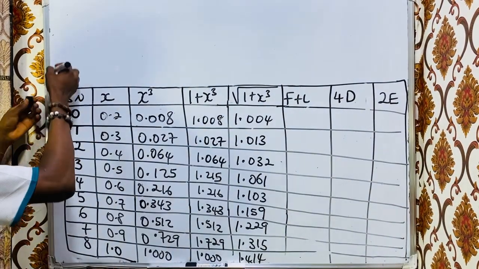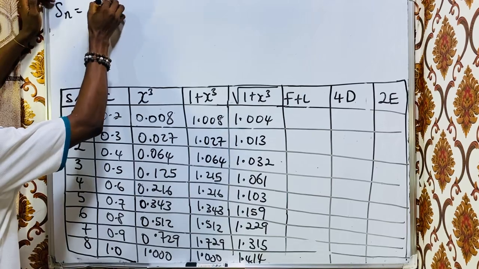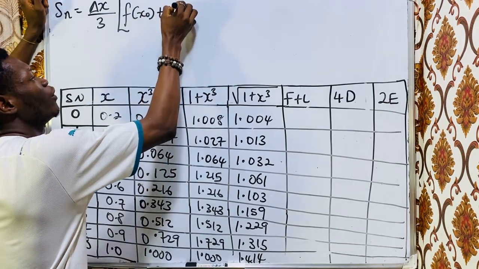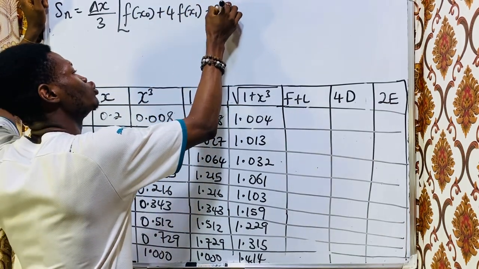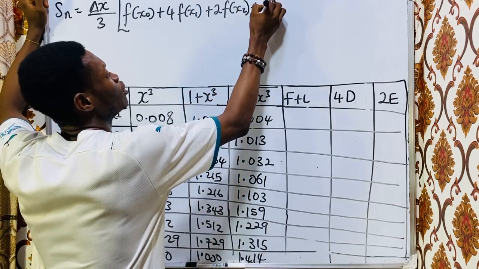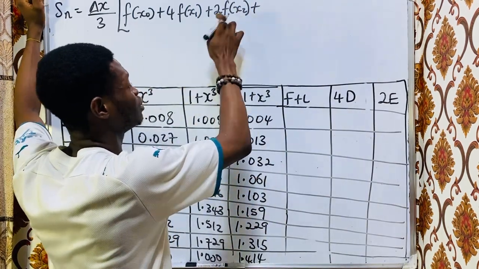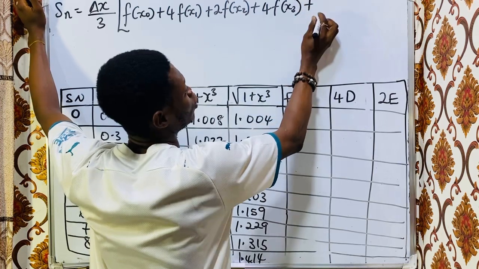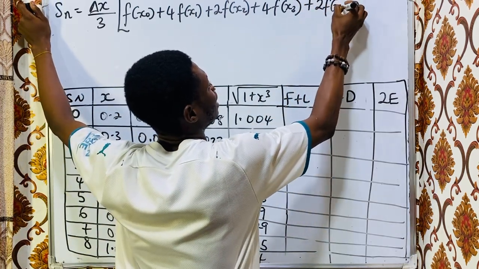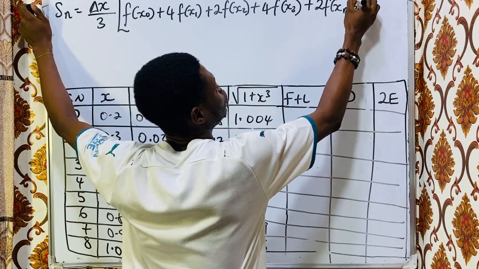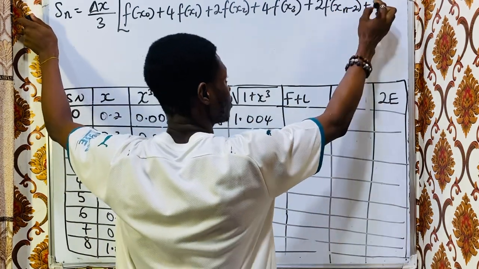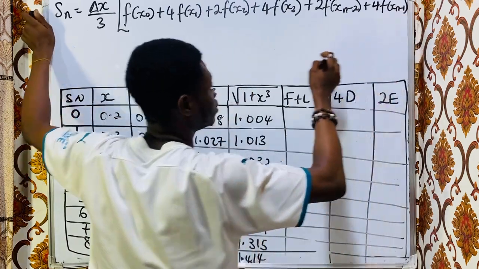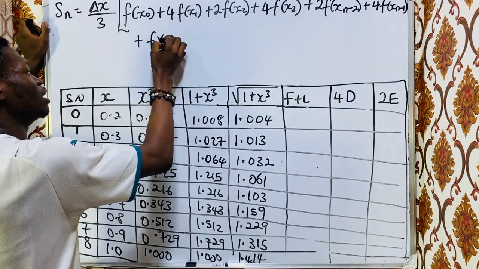So our formula for Simpson's rule is, S sub n is equal to delta x all over 3, then bracket f of x0, then plus 4 f of x1 plus 2 f of x2 plus, sorry, it will be alternating. 4 and 2 will be alternating. 4 f of x3, then plus 2 f of x(n minus 2), then plus 4 f of x(n minus 1), then plus f of xn.